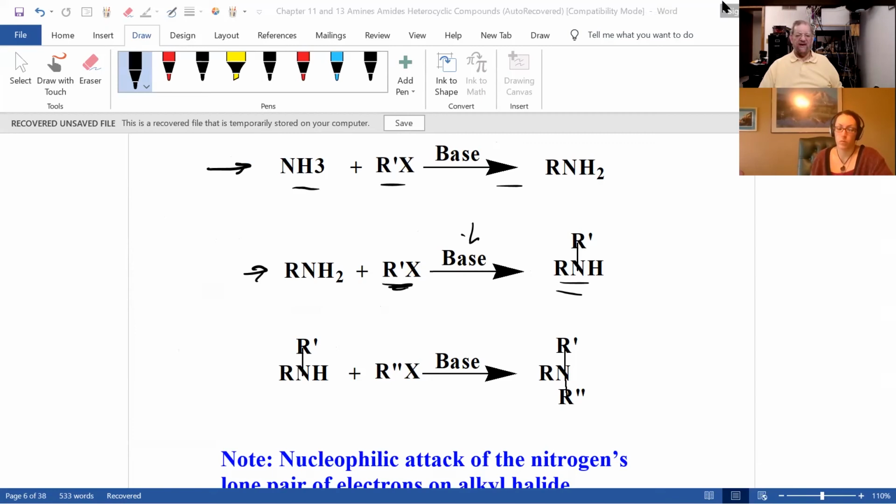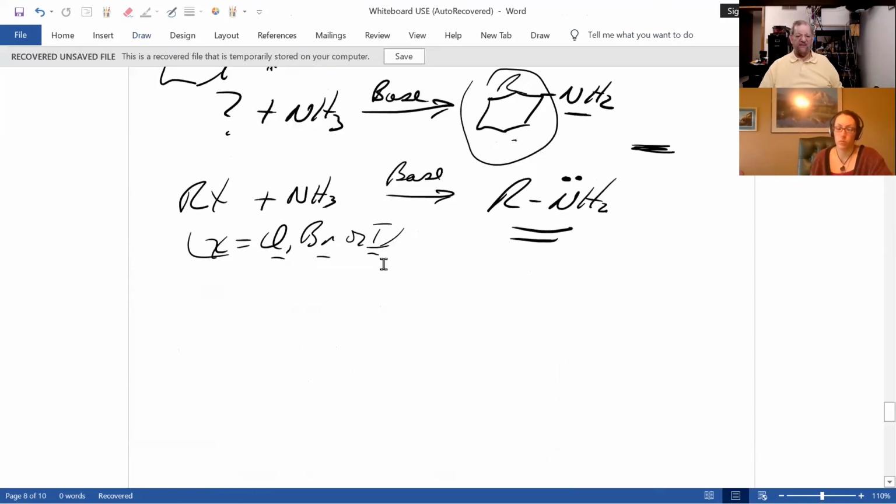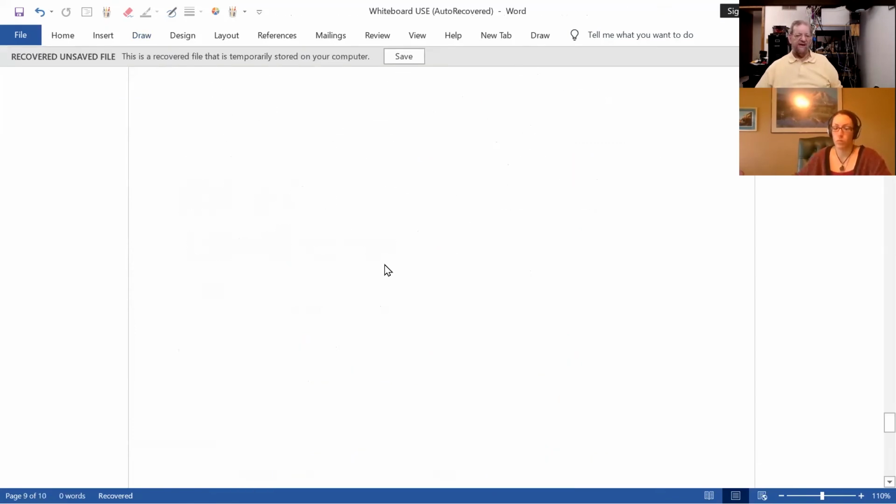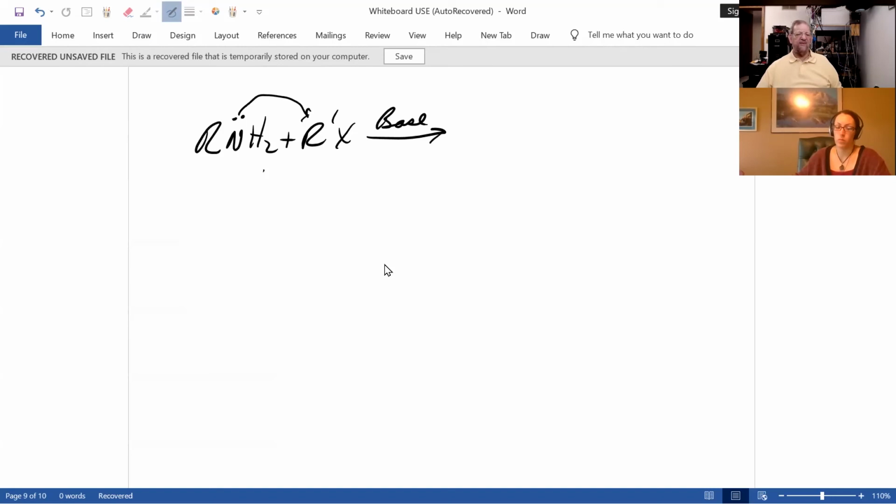Let me rewrite on the whiteboard. If you take a primary amine, the non-bonding electrons will attack the carbon with the halogen bond to that.